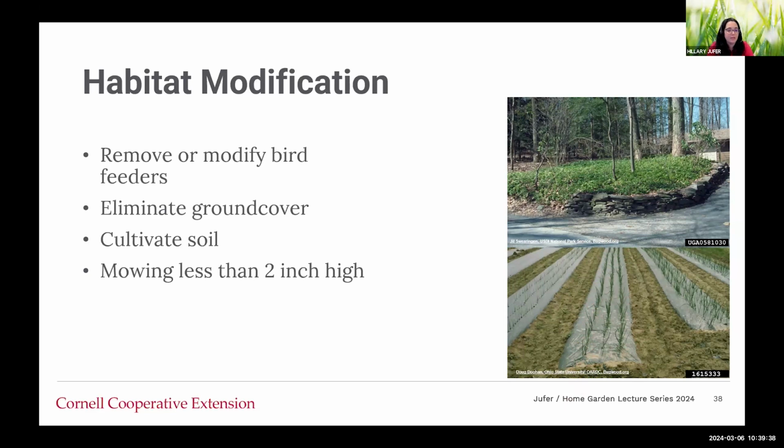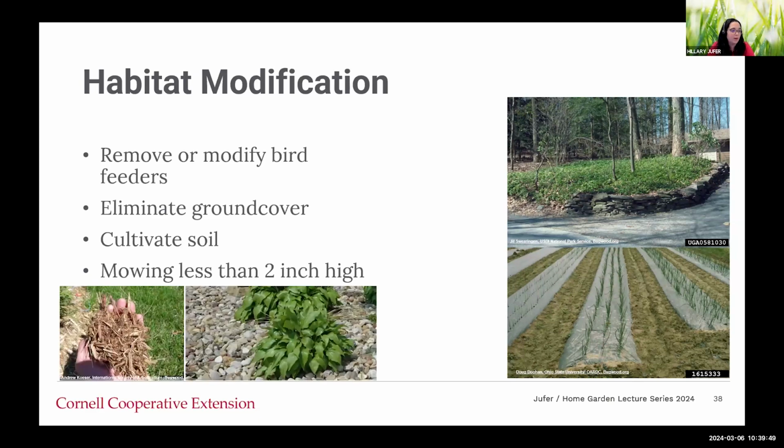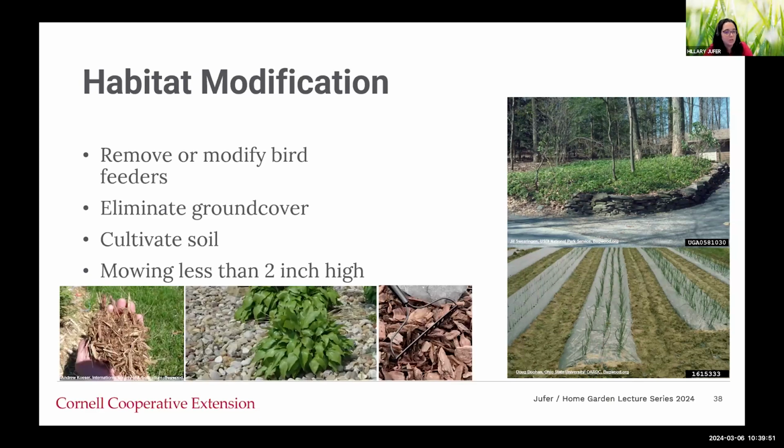And the voles can be attracted to natural and synthetic mulches and these mats that I was talking about before. So if I look at these three pictures, they are attracted to the synthetic mulches, weed prevention mats.